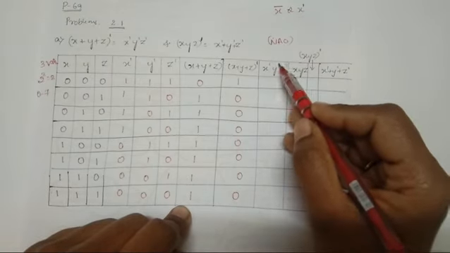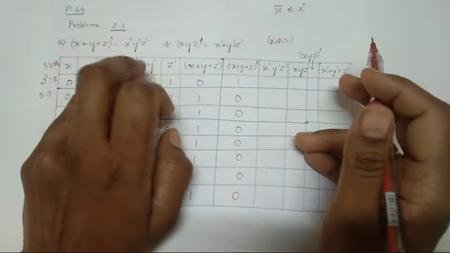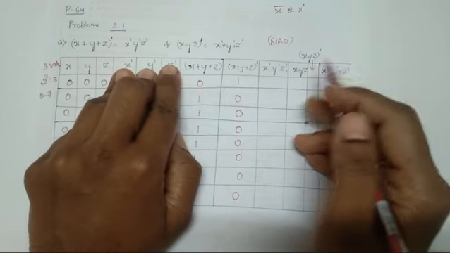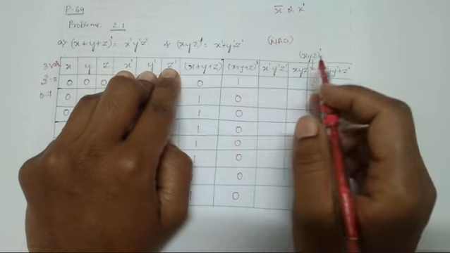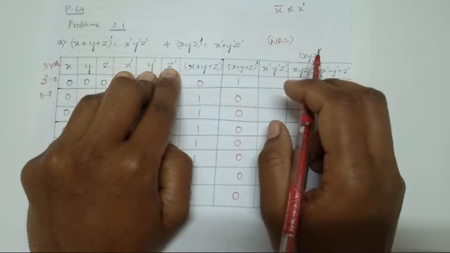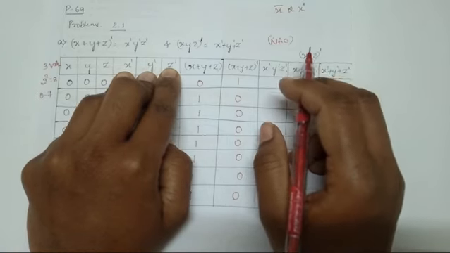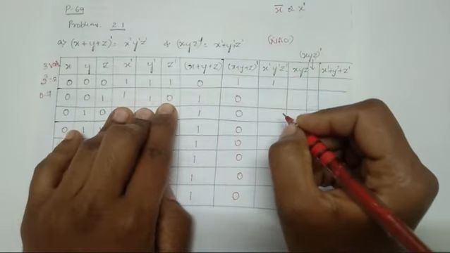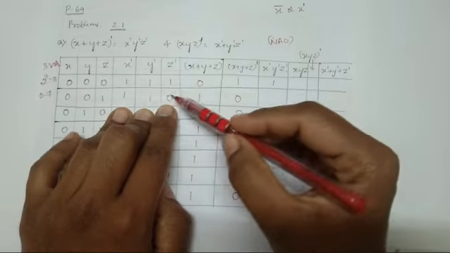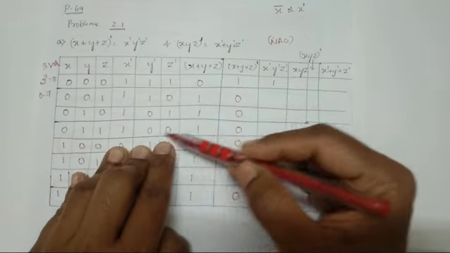Next, x bar into y bar into z bar. Okay, into is there, so we have to look for, if all the ones are there, then only I'll write 1. If not, it will be 0. Okay, all ones are there, what I have to write? 1. Look for all ones. Okay, don't write anything. 1 1 0 is there, no. 0, all ones are not there.